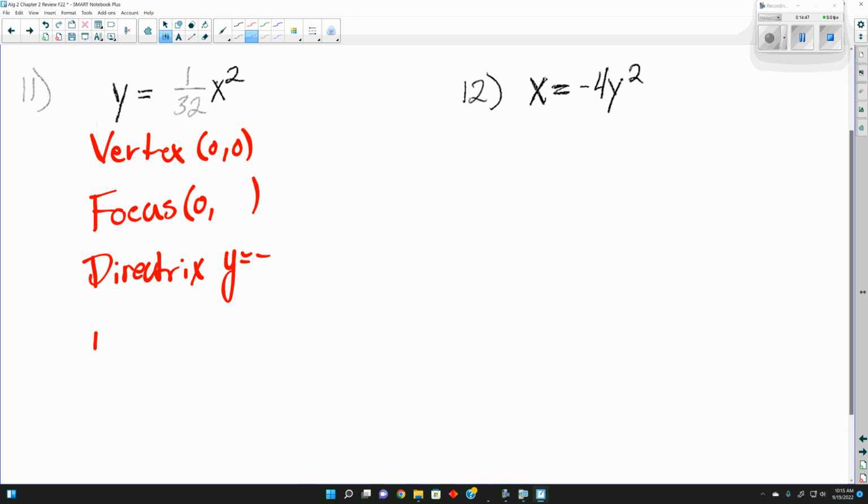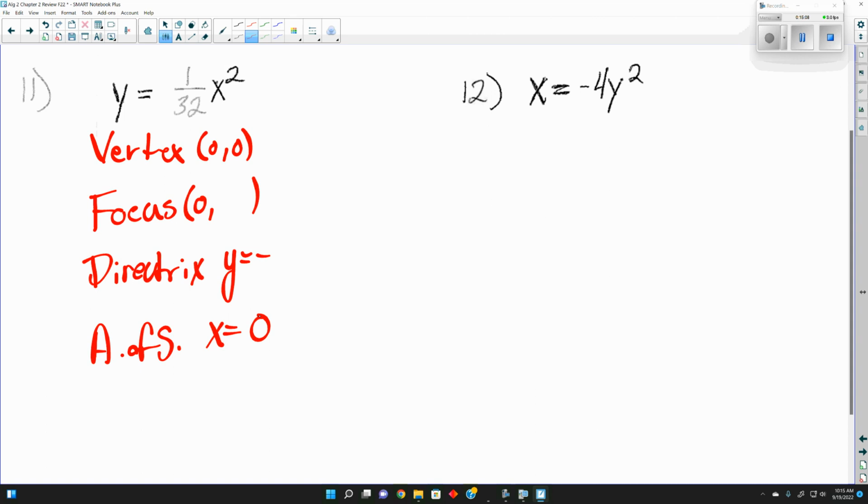And our axis of symmetry is x is equal to 0. Axis of symmetry, yes, because it's not away from the vertex.